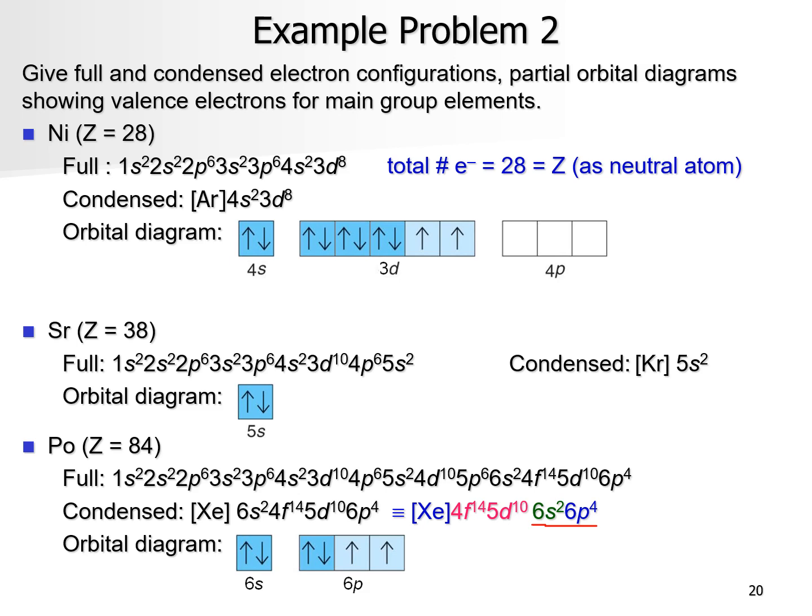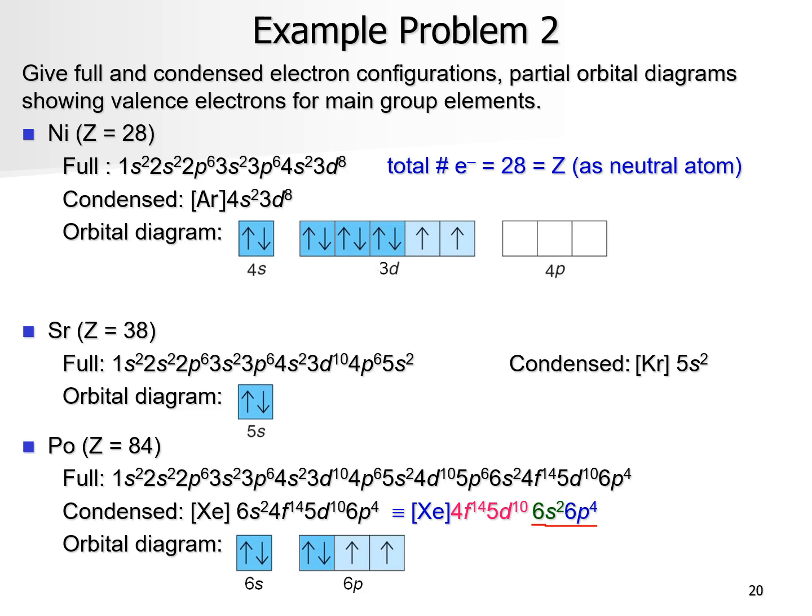The reason is quite obvious, because 6s, 6p is what we call the valence shell, and the electrons in this shell determine the chemistry of that element, polonium.